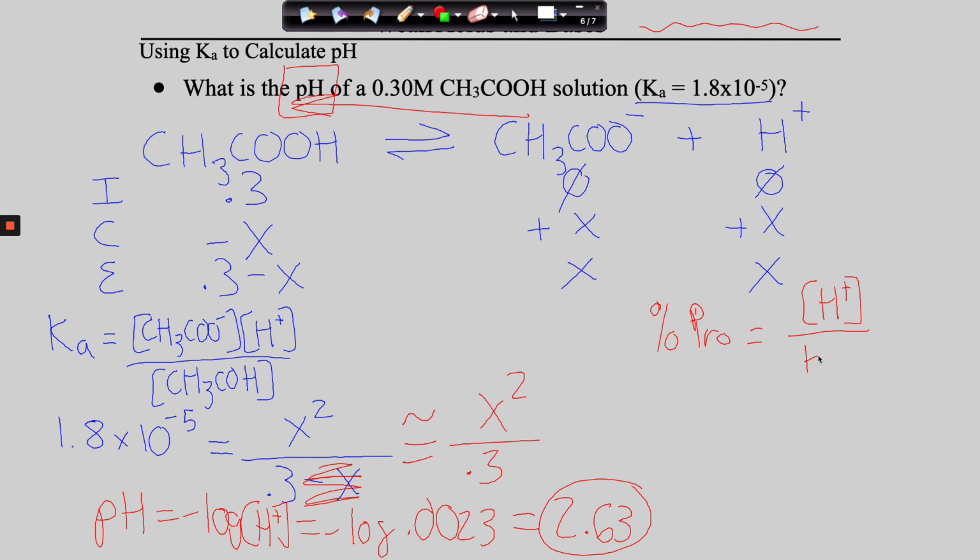Hydrogen ion divided by the initial concentration of CH3COOH is then equal to 0.0023 divided by 0.3 times 100. Michael got 0.77, is he right? Actually, I got that, but I wanted you guys to yell at Michael. Is it 0.77? Okay.